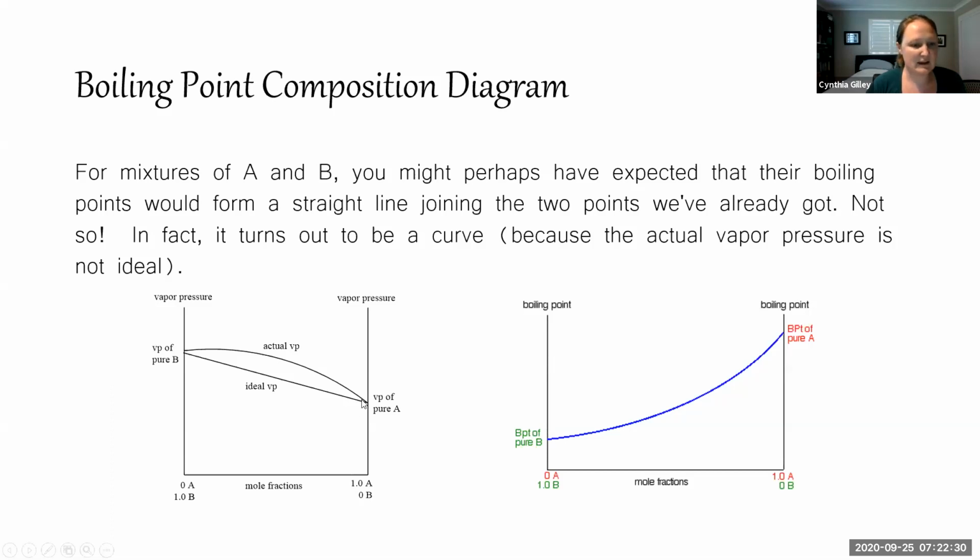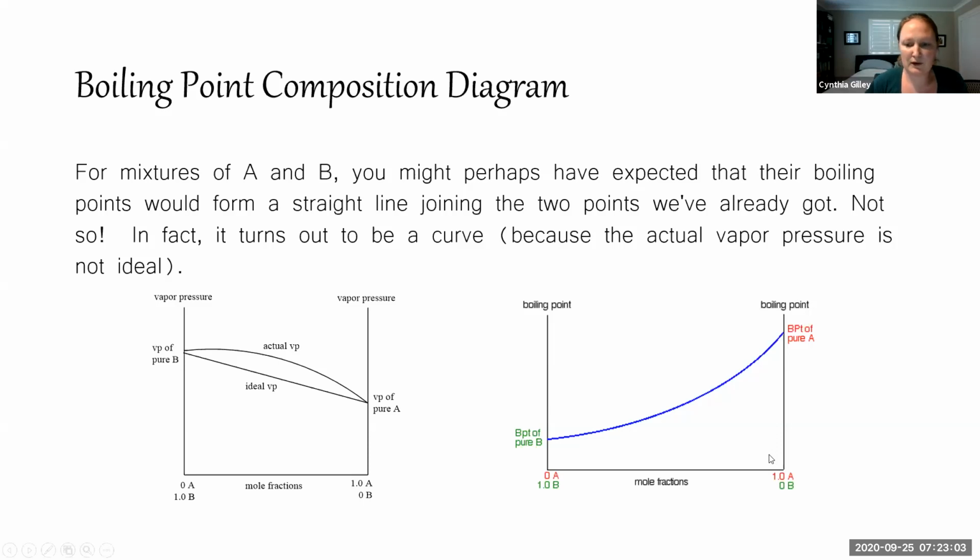Instead, because the vapor pressure was a curved line, curved in the positive direction, then the boiling point will be a curved line in the negative direction, because remember that vapor pressure and boiling point are inversely related. So for mixtures of A and B, you might perhaps have expected that their boiling points would form a straight line, joining the two points we've already got. Not so. In fact, it turns out to be a curve because the actual vapor pressure is not ideal, right?